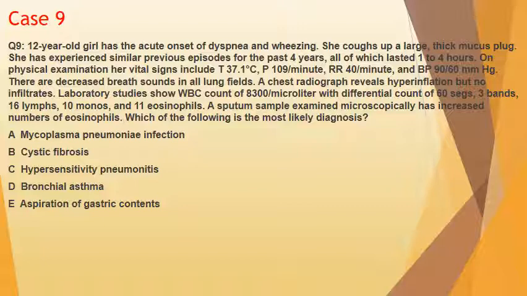Her vital signs show a bit of tachycardia, and her breath sounds are decreased in all lung fields, while chest X-ray shows hyperinflation with no infiltrate. Blood work shows an abnormal white blood cell count, with differential showing a bit high eosinophils. Actually, this is considered high.